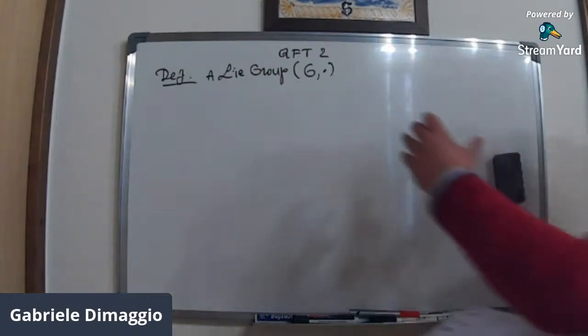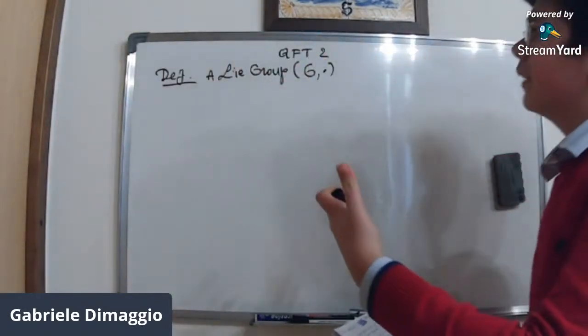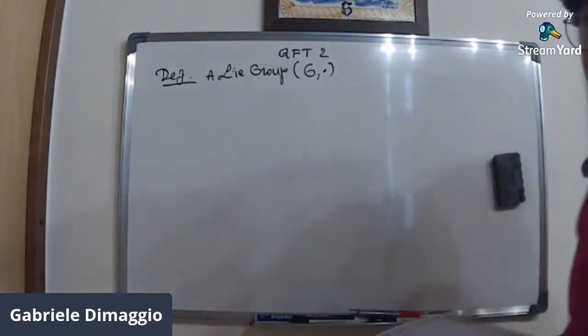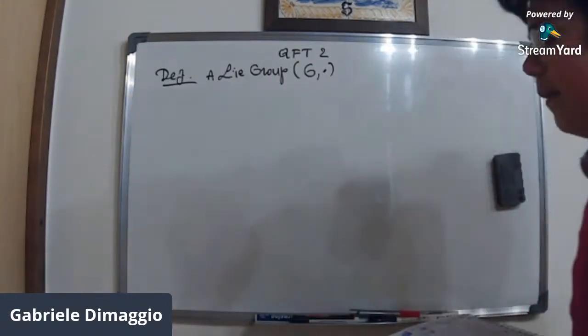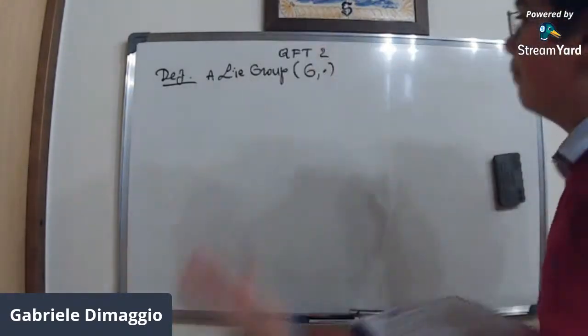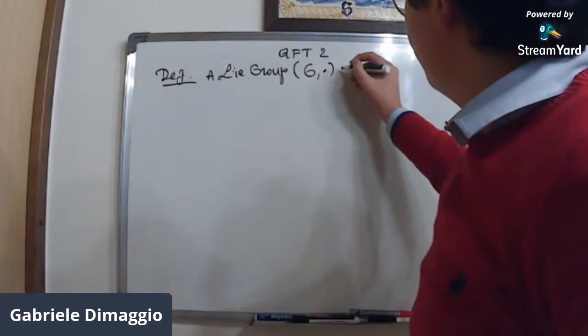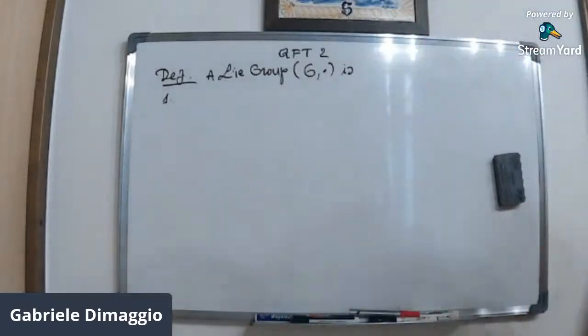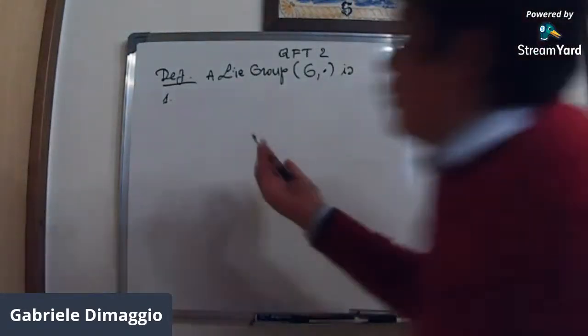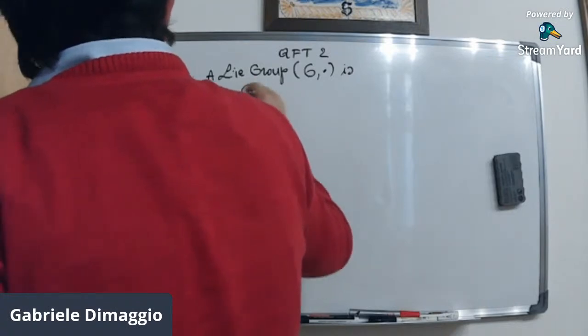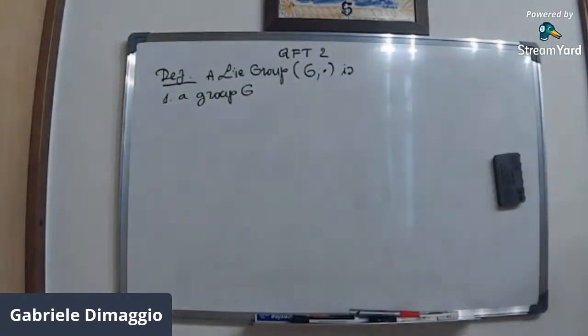To talk about group operation, I use the notation of a dot. So this dot is a group operation, an operation that makes this set, for example, a group. So I have a Lie group G, and first, a Lie group is a group. So it's a group G with group operation, of course.